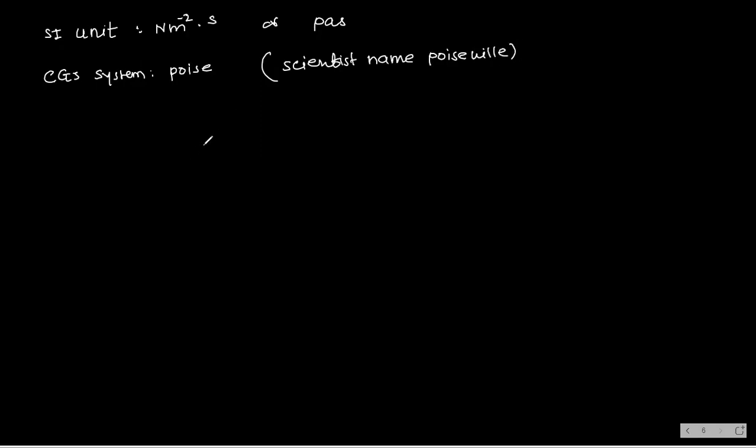And the relation between CGS and SI unit: 1 Pascal second is equal to 10 poise.